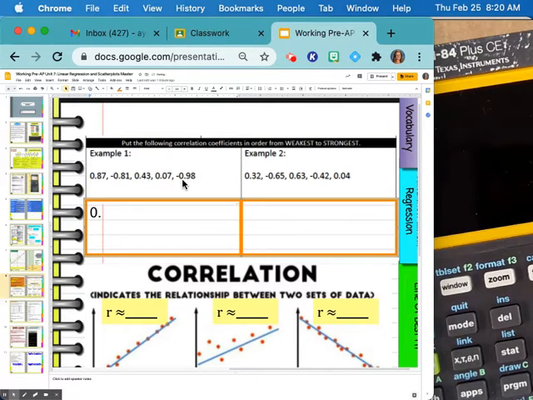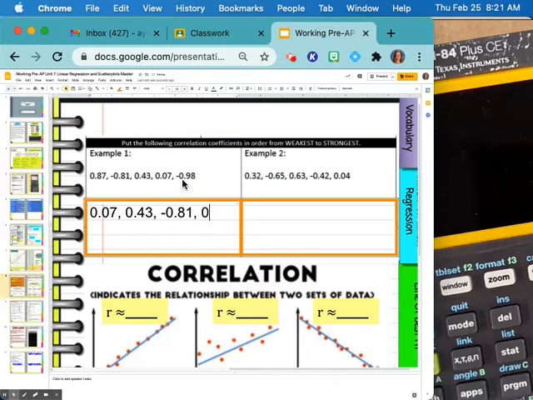Yep, 7/100. And the next weakest, but getting stronger, 43/100. Then the next one, negative 81/100.